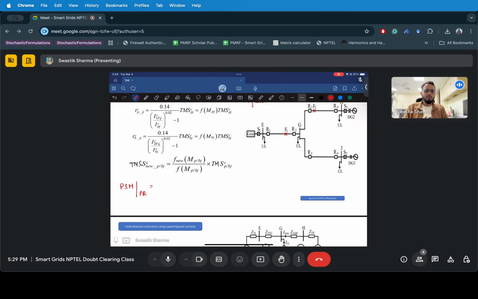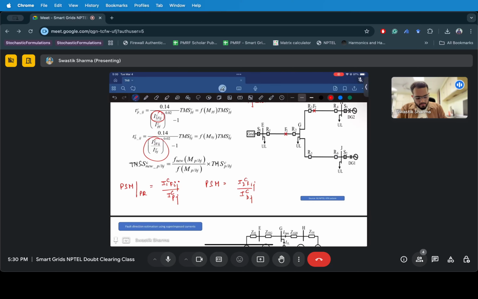What they do is they use the positive sequence fault current, and IPJ is the pickup current. This essentially is your plug setting multiplier for your primary relay, and for your backup relay you use the negative sequence current, which is I2C Fij.